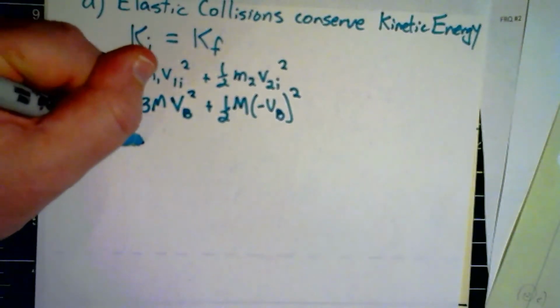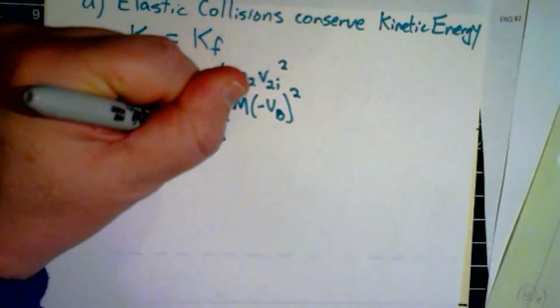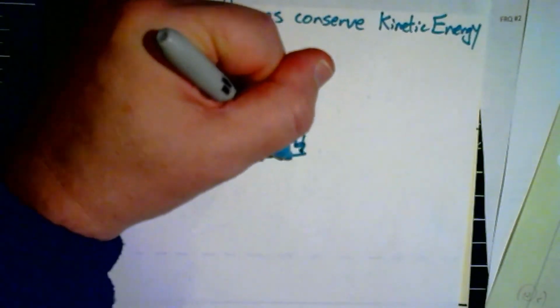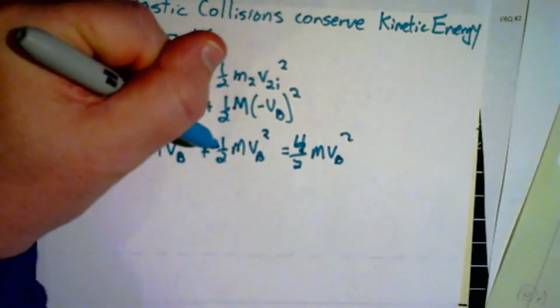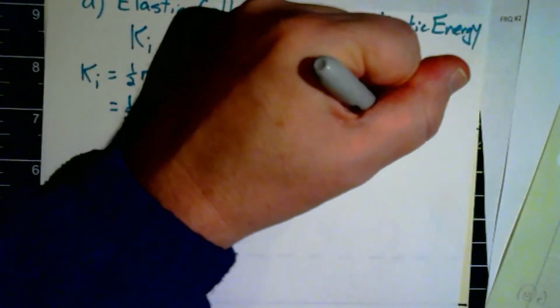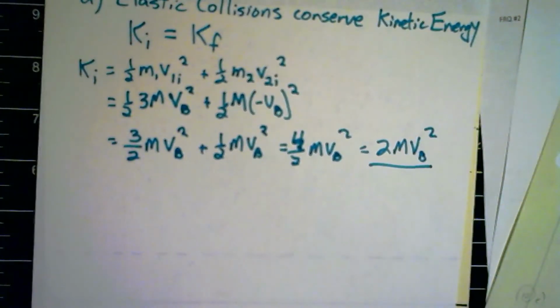And so this is 3/2 m VB squared plus 1/2 m VB squared, which is 4/2 m VB squared. 3/2 plus 1/2 is 4/2, or in other words, 2 times m VB squared. So that's my initial kinetic energy.